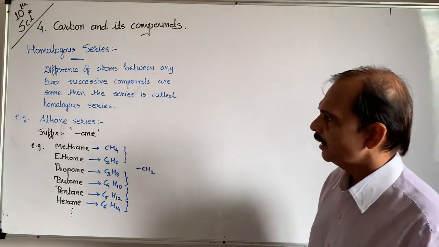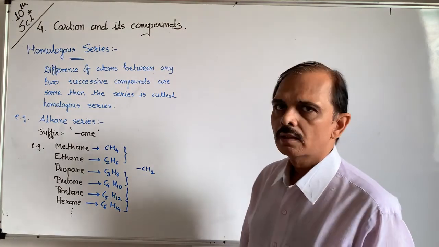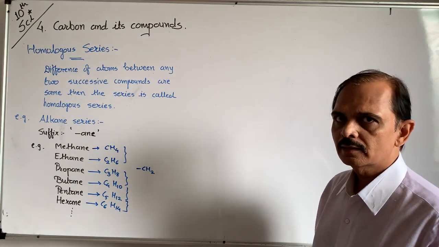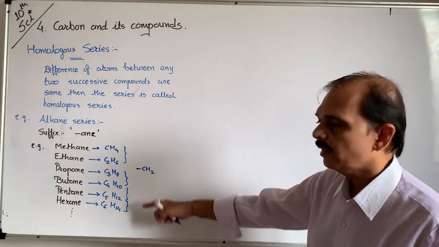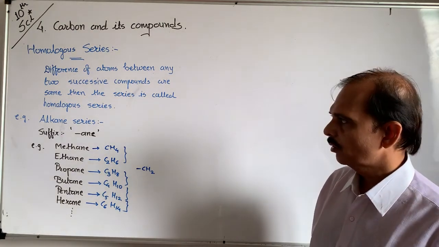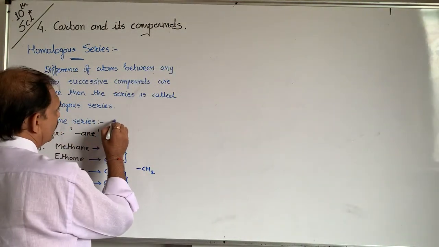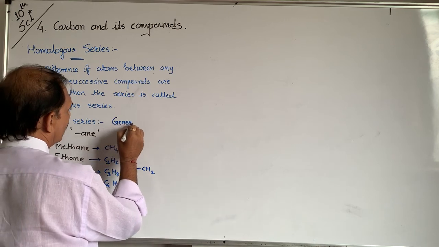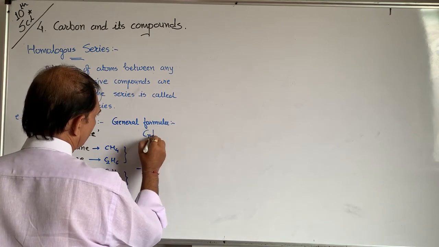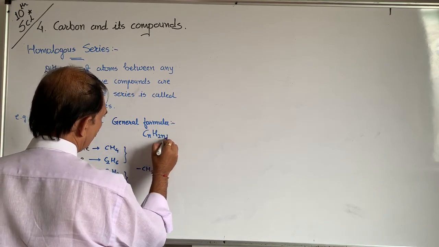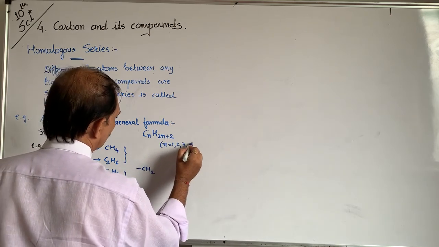In the homologous series of alkanes, the melting point increases as the number increases. Boiling point also increases with this number. It means the characteristics of this series depend on this homologous way, homologous properties. The general formula to find any alkane is CnH2n+2, wherein n starts with 1, 2, 3 and so on.